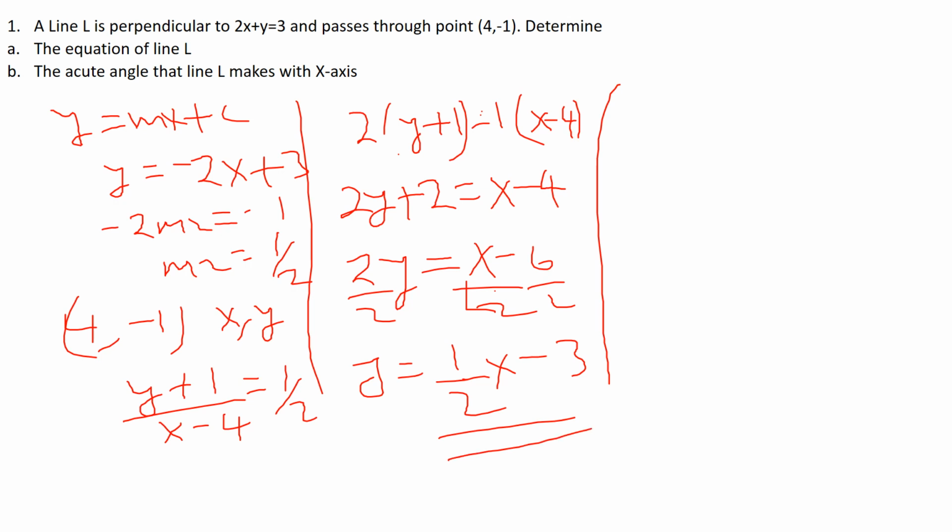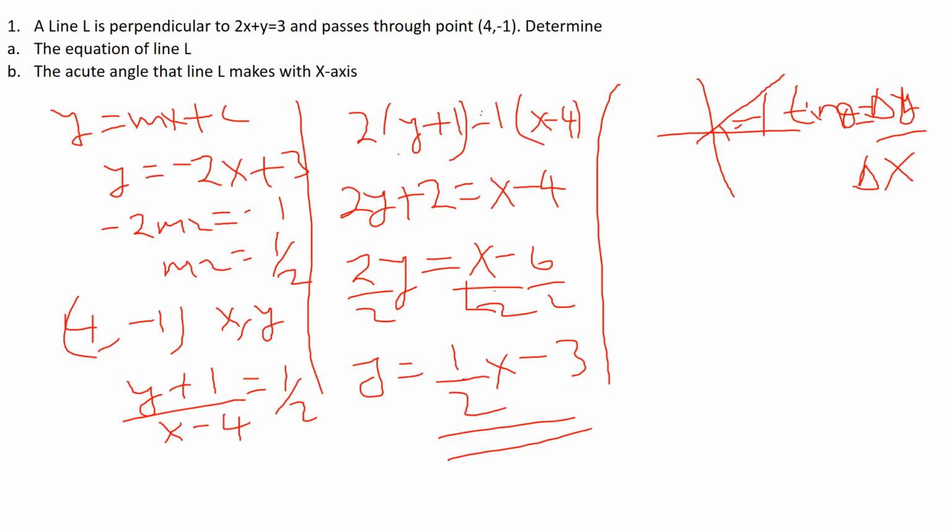And then in part B we are told to get the acute angle that line L makes with the x-axis. So if we have a diagram, a Cartesian plane like this, this is the angle that we are told to get that it makes with the x-axis. You can get this angle by saying tan theta is equal to change in y divided by change in x.